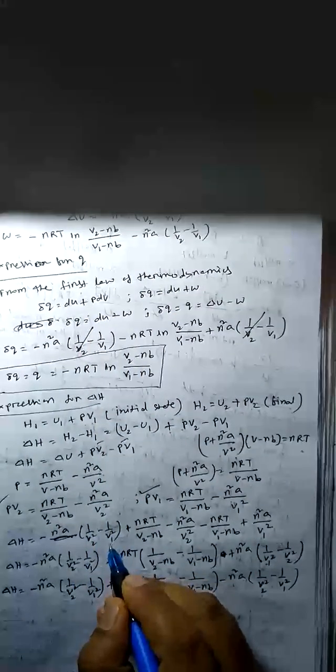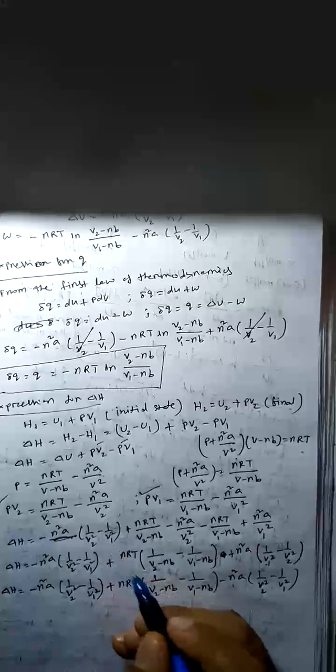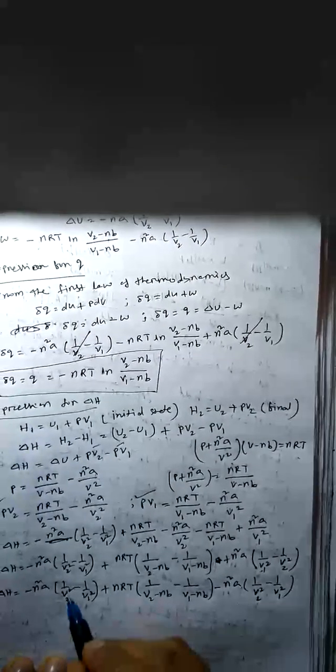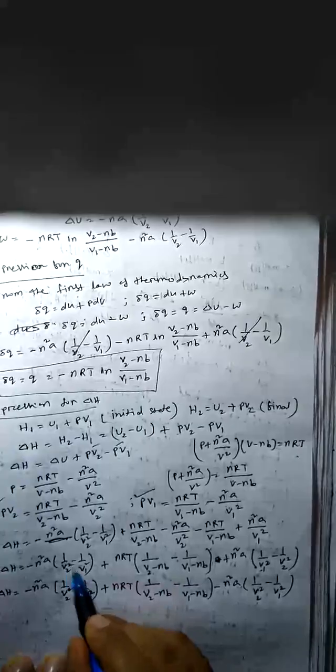These are all squares. I put it somewhere, mistake. n square a, delta U, we already derived it. You see, delta U is n square a times 1 by V1 minus V2. Same thing, 1 by V2 minus V1.